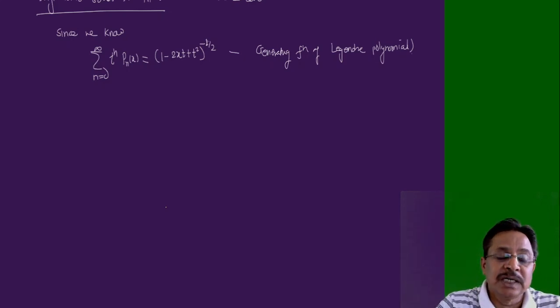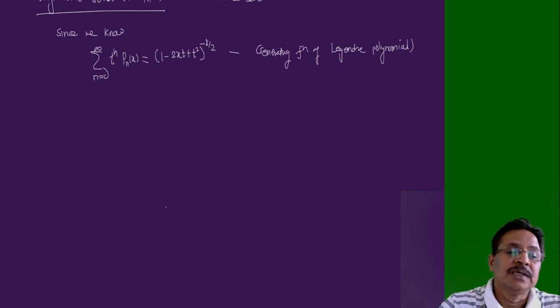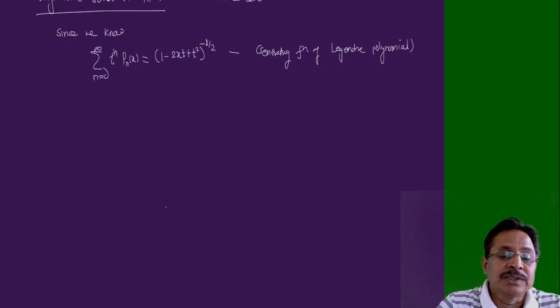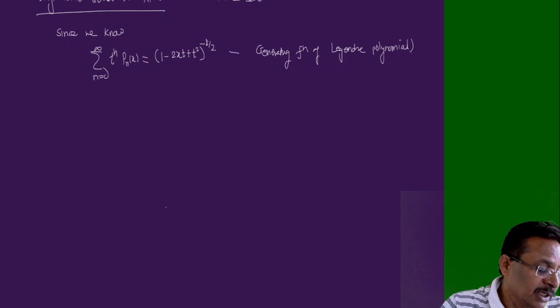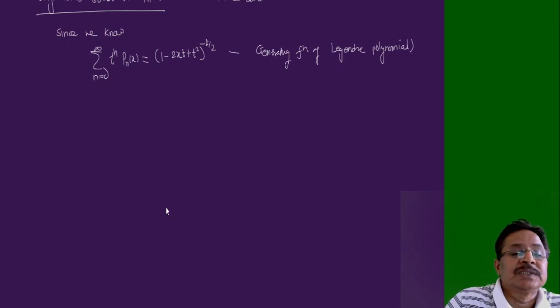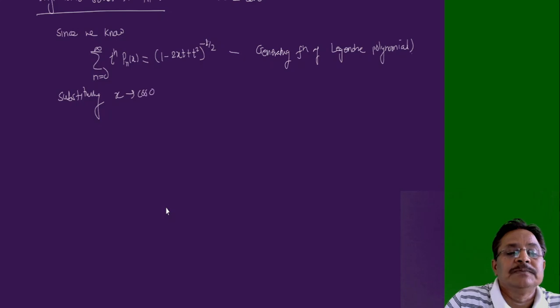Expanding this generating function around t is equal to 0, we get the series in t raised to n with coefficients P_n of x. So P_0(x), P_1(x), P_2(x), etc. These are called the Legendre polynomials. We have already seen all these discussions. So now substituting x by cos theta, everywhere you have to replace x by cos theta.